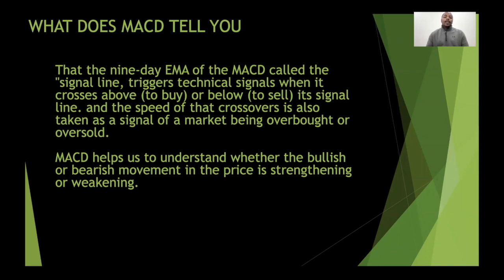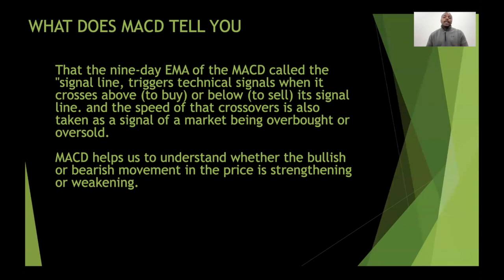In other words, when it crosses a certain line, it gives us a buy signal, or when it crosses below a certain point, it gives us a sell signal. And the speed of that crossover is also taken as a signal of a market being overbought or oversold. So it not only tells us when to buy or sell a stock, but whether a stock is being oversold or overbought.